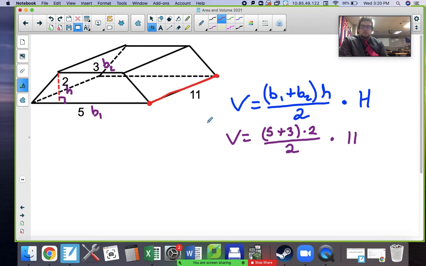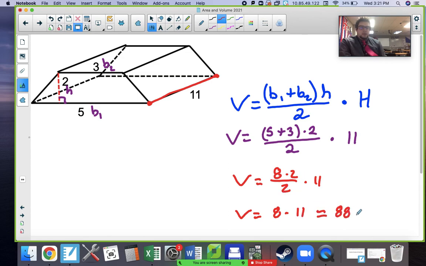It's kind of separating the two ends. So we end up getting 8 times 2 divided by 2 times 11. So that's really 8 times 11. So our answer is 88 units cubed of volume.